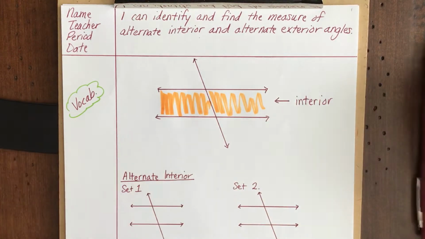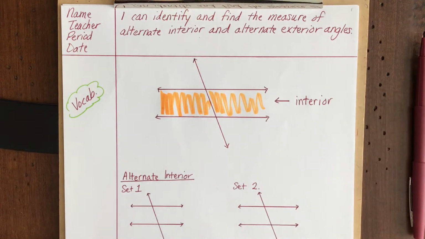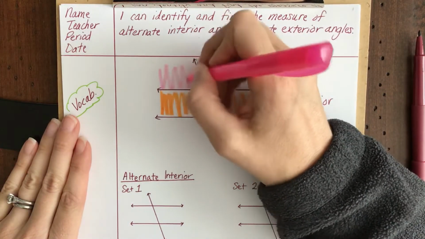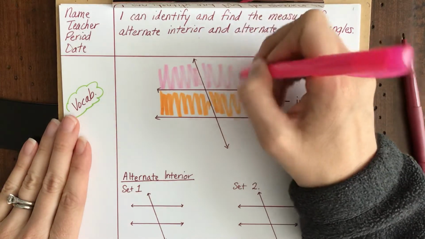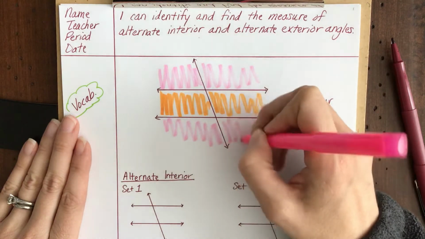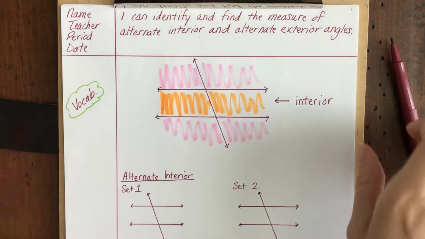Now, the stuff that's on the outside of the two parallel lines is considered exterior. So all the angles that are outside of the parallel lines are considered exterior.